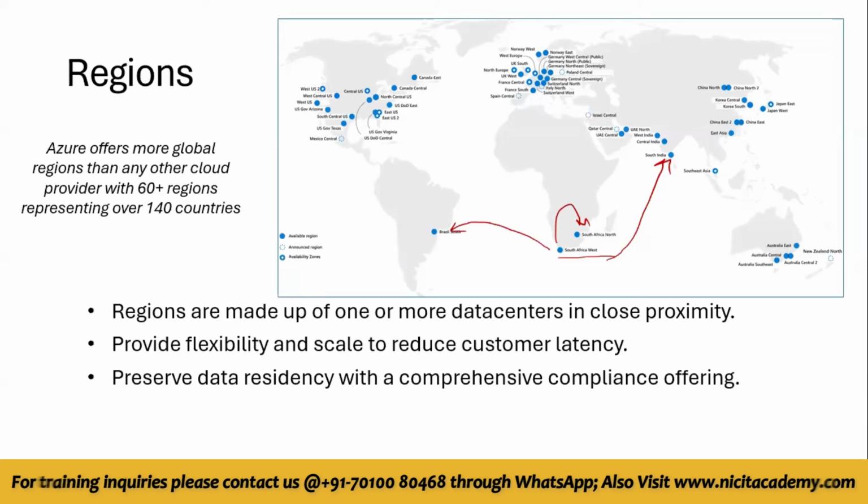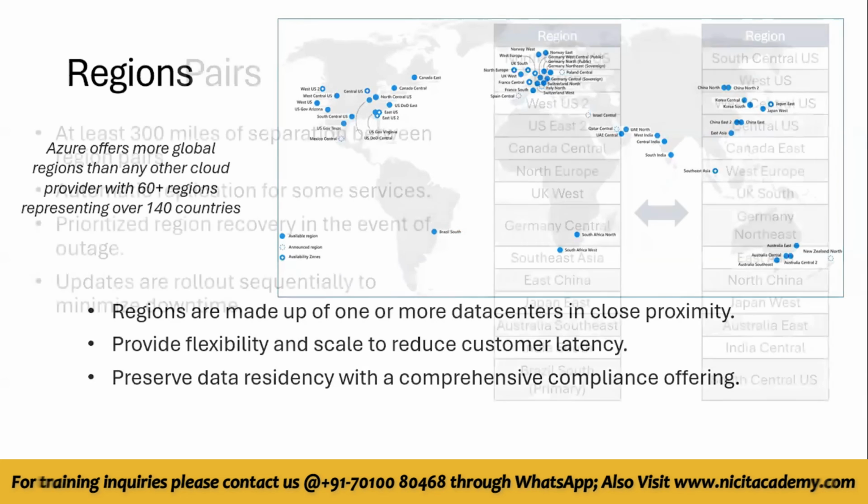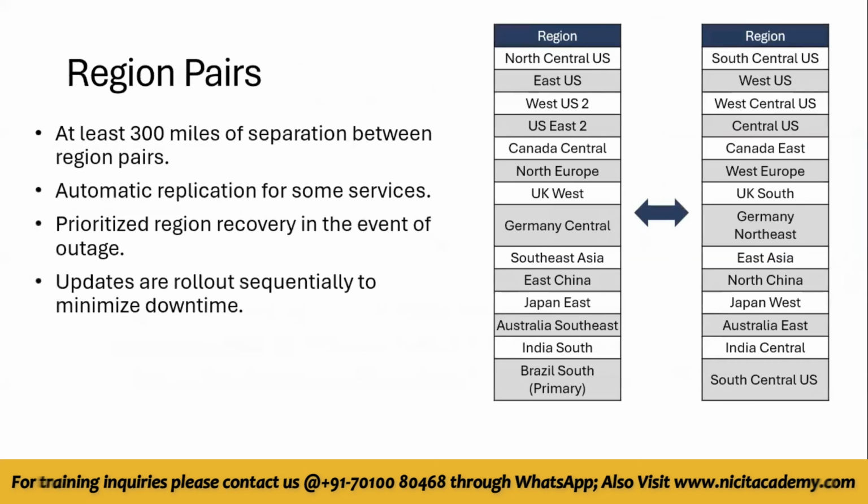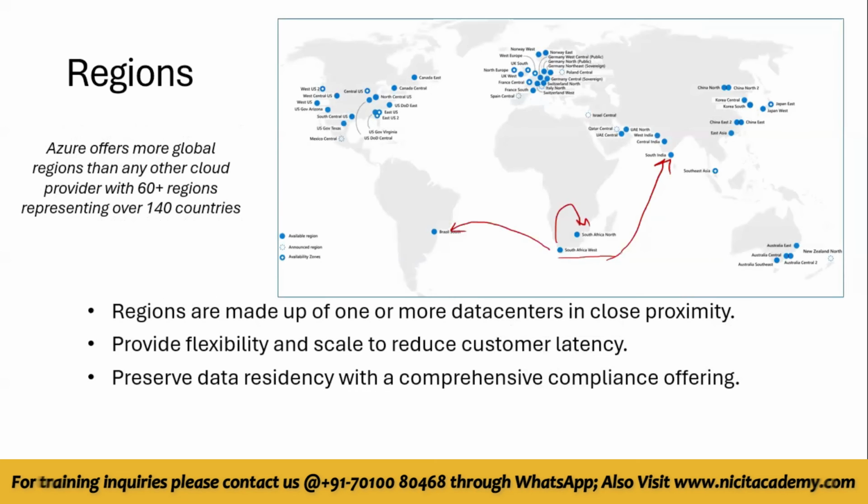That is where we get the concept of region pair in Azure. So apart from region, you also have a concept known as a region pair. Now, my question is, let's say I have a region R1 in a country, and 30 kilometers apart, I have another region R2.